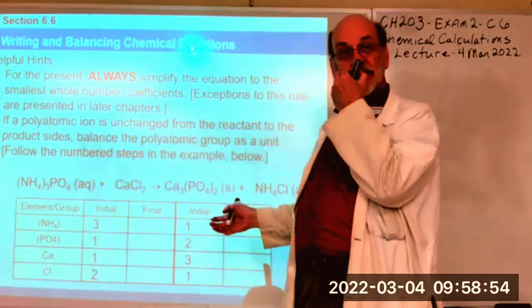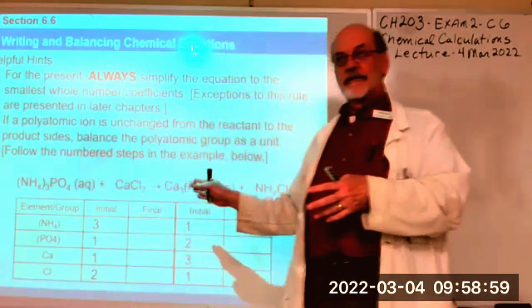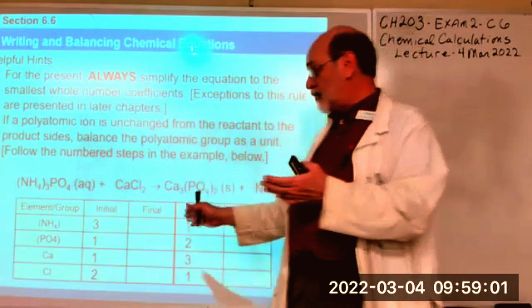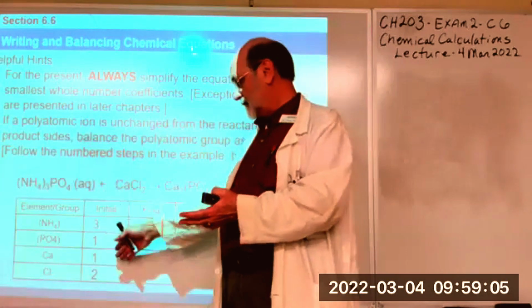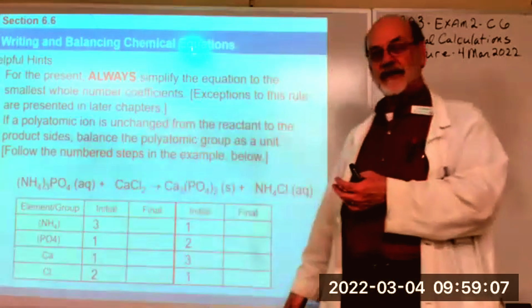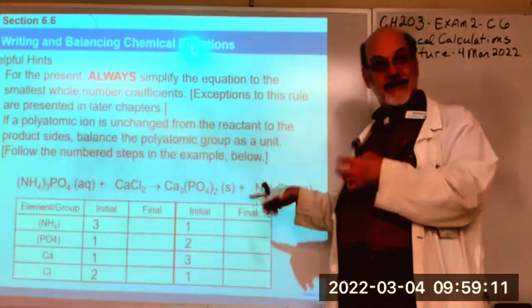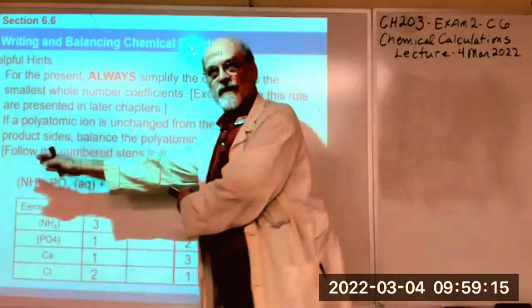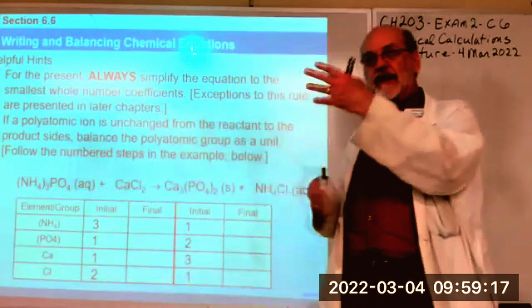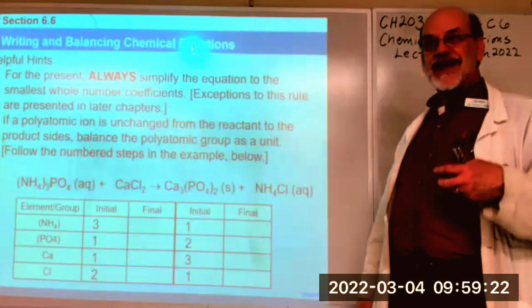But if you do, save it to last. Because if you put a coefficient in front of that element, you're only changing that element in your total. If you put a coefficient in front of a compound, you're changing lots of other things. And that can affect the other coefficients that you have, and you've got to go back and recalculate and do them over again. So save those elements to last.